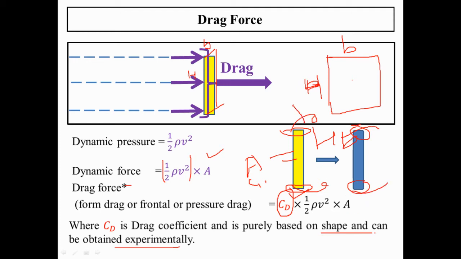The flow separation will increase the drag force, whereas the streamlining of the surface will reduce it, which means the CD of these two would be totally different. So we say this can be obtained experimentally, and it is purely a shape function.